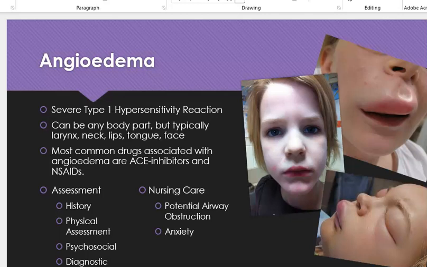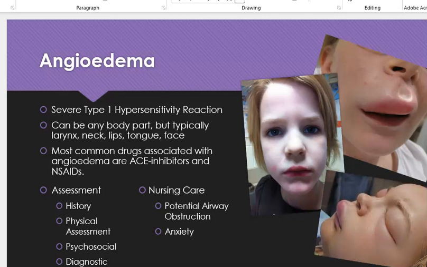Although angioedema can occur in any part of the body, it is most often seen in the lips, face, tongue, larynx, and neck. It can also occur in the arms, hands, legs, feet, or in the genitalia. Intestinal angioedema can also occur, characterized by severe abdominal pain, cramping, nausea, and vomiting.